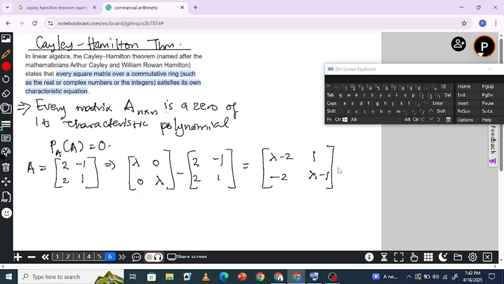And now we have to get the characteristic polynomial. We are finding the determinant.